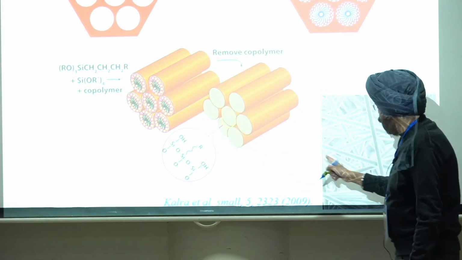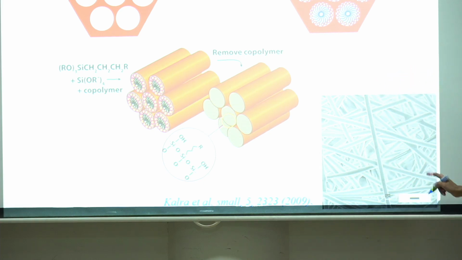Now these empty tubes you could see clearly in this image. This one is the scanning electron microscopic image, not transmission electron microscopic image. So these are the tubes. You see so many tubes are here.